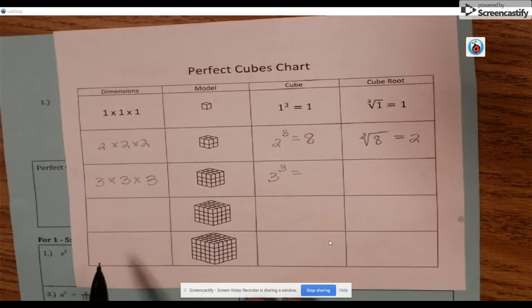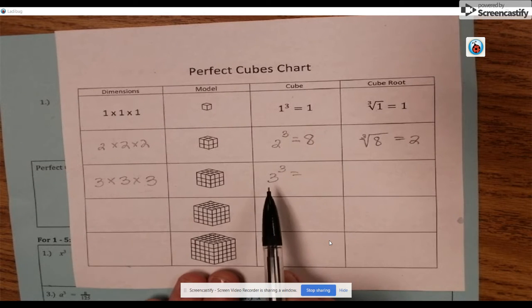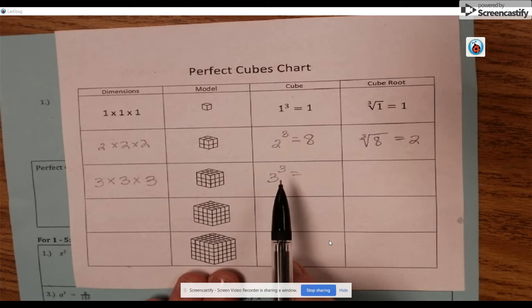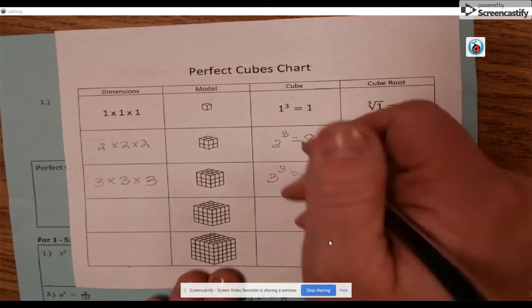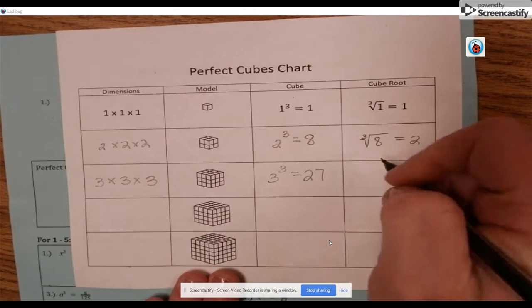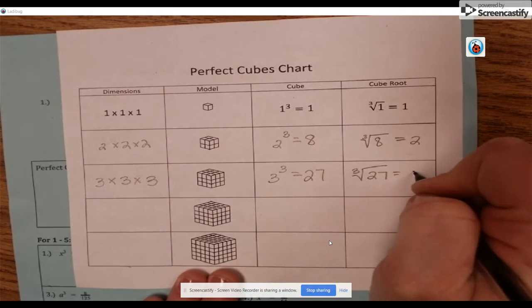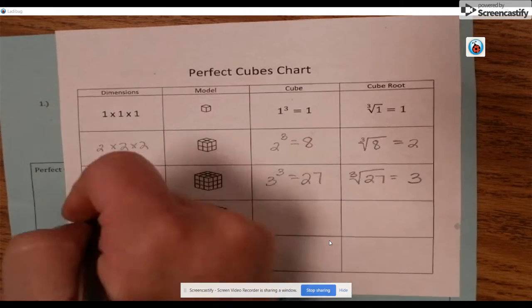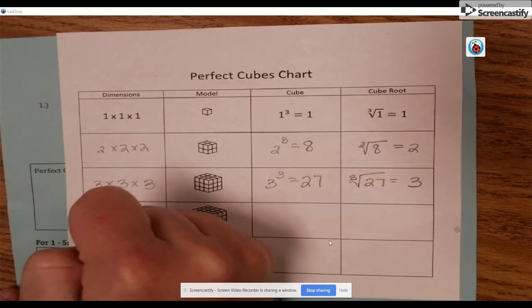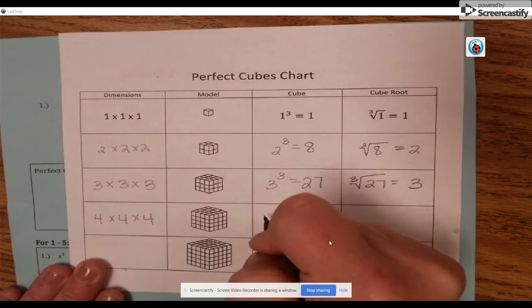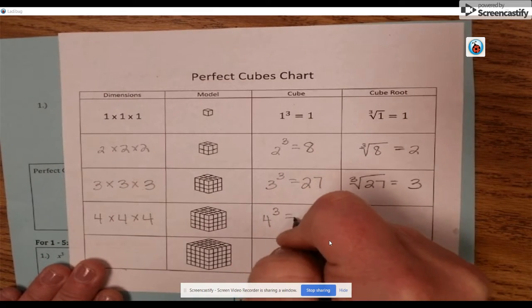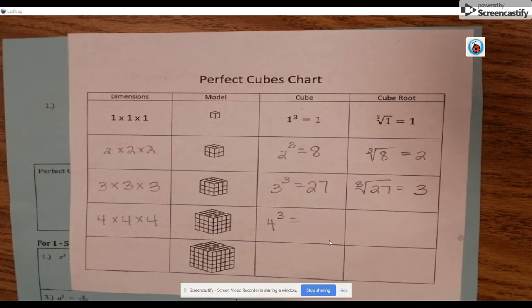Over here, I've got a 3 by 3 by 3. So I know 3 cubed, 3 times 3 is 9, and then 9 times 3 is 27. So then the cube root of 27 equals 3. Next one up, we've got 4 by 4 by 4, or 4 cubed. And I know 4 times 4 is 16, and 16 times 4 is 64.